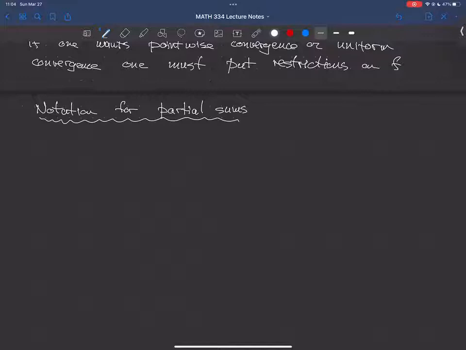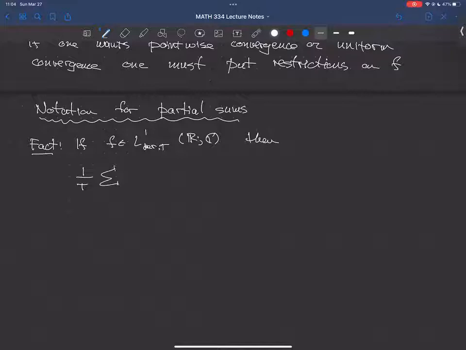So the formula is, if F is in L1 per T, then the partial sums, let me write it out explicitly here.